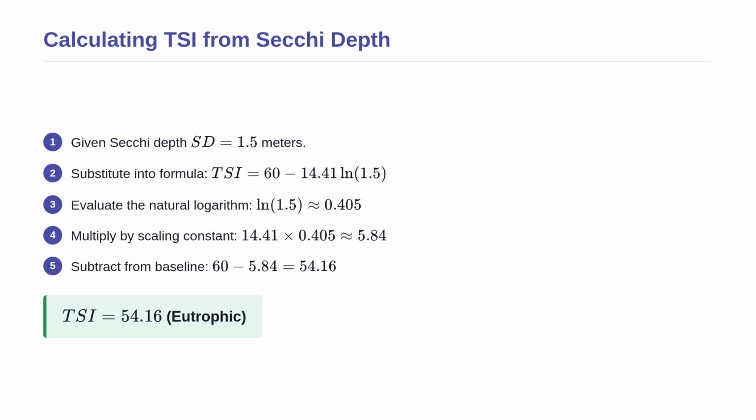Next, we evaluate the natural logarithm of 1.5, which is approximately 0.405. We multiply this logarithmic value by 14.41, giving us exactly 5.84. Finally, we subtract this from our baseline score of 60. The final answer is 54.16. Since this is above 50, the lake is officially eutrophic, clouded by a heavy suspension of microscopic algae.